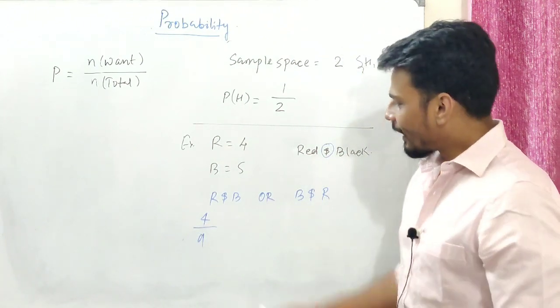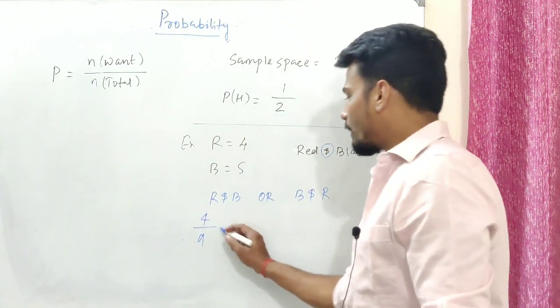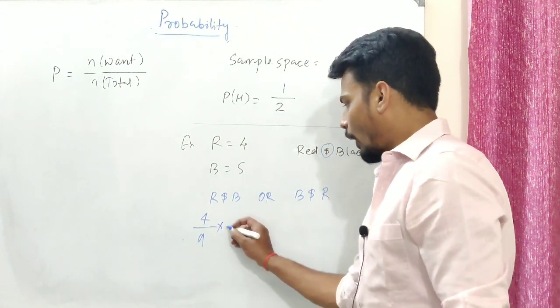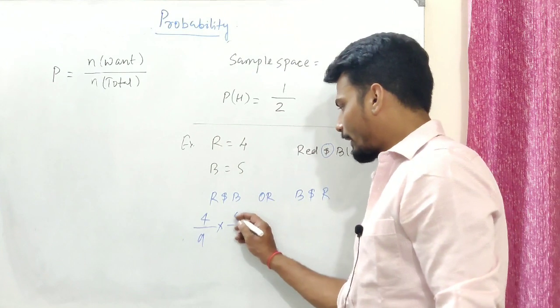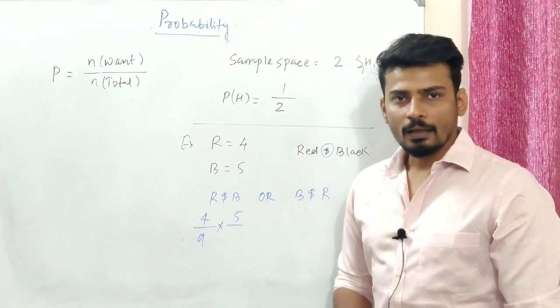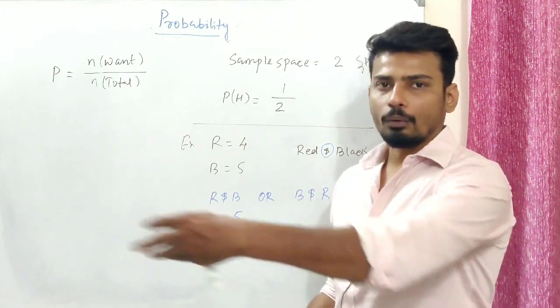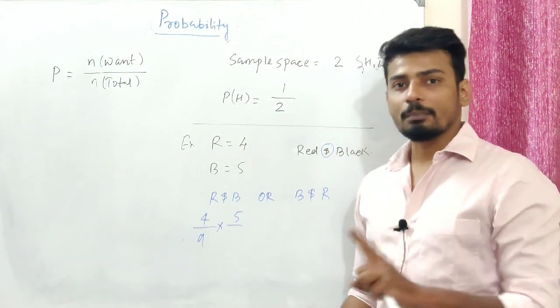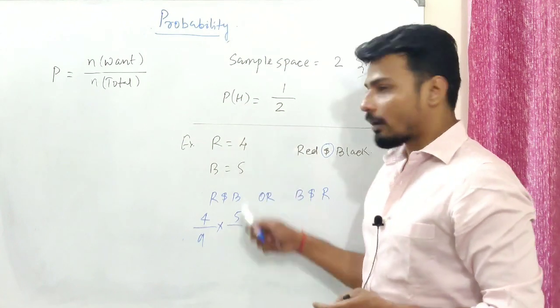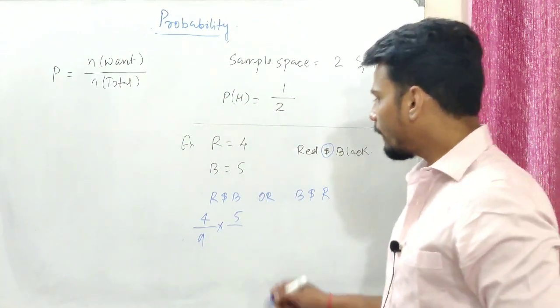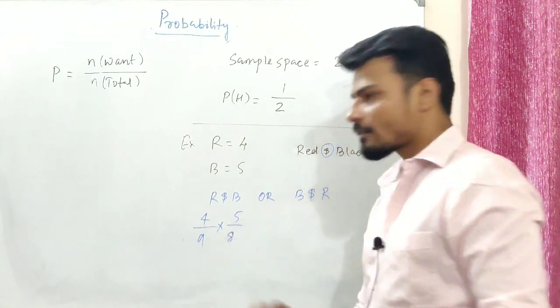All okay? I have this and means multiplication. How many black markers are there? We have 5 black markers. Out of how many? Since one red marker has been already picked out and I'm not doing any replacement, the total number of markers left in the bag will be 8.